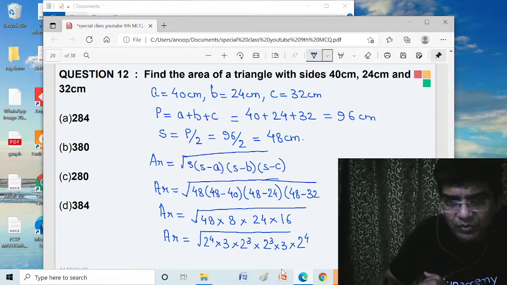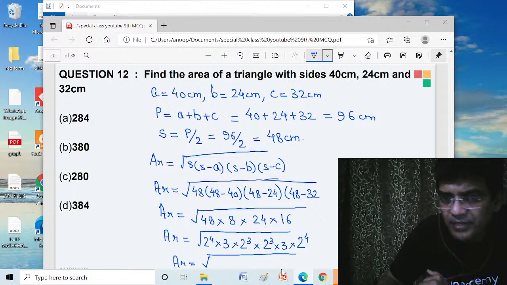Now we are going to use the rule for the indices. 2 raised to power of 4, 2 raised to power of 3, all these powers will be added as the same base is being multiplied. So that will give me 14. 4, 3, 7, 3, 10, 4, 14. And for 3 it is 1 and 1, so 3 raised to power of 2.